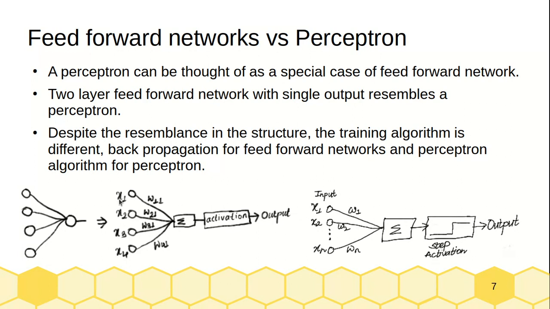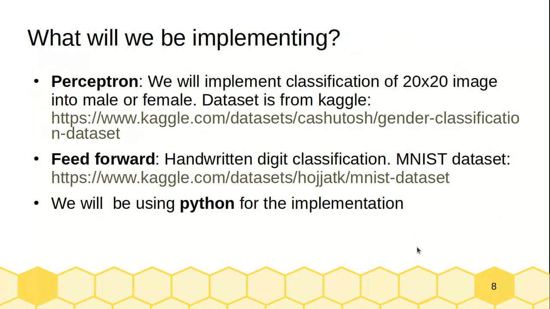We will have the same input, the same weights, and a summation function. The activation function we can take is the step activation, and we will have the same output as the perceptron network. Despite the similarity, the training algorithm is different. A feed forward network is trained using backpropagation, whereas the perceptron is trained using the custom perceptron algorithm.